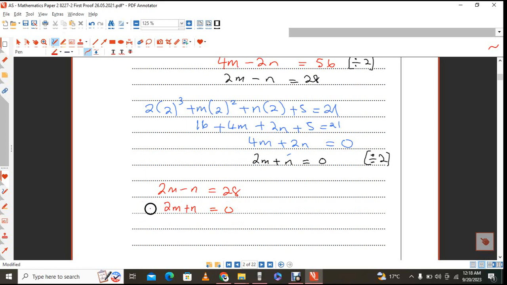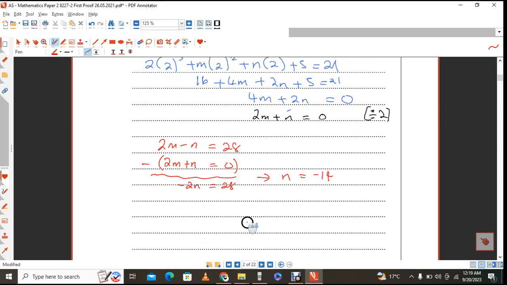subtraction. So I'm going to use the 2m maybe and eliminate the m's, and if I do that, I'll have negative 1 minus, that's negative 2n equals 28. That implies that n will be negative 14 if you were to divide throughout by 2. And if that is the case, you can calculate the value of m by substituting in either one of the equations.